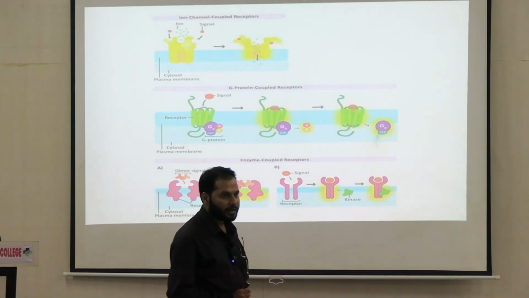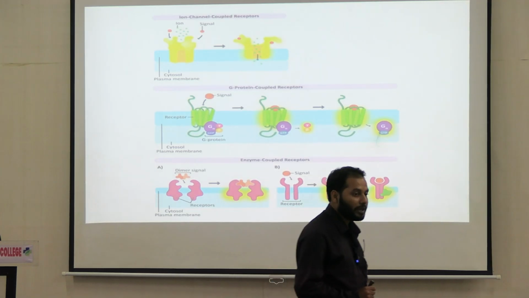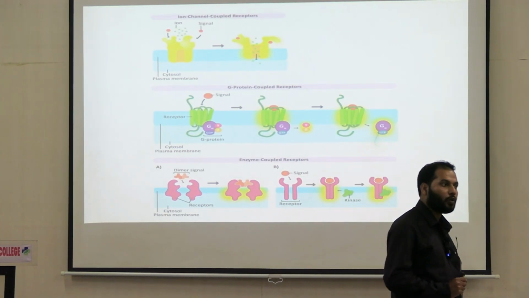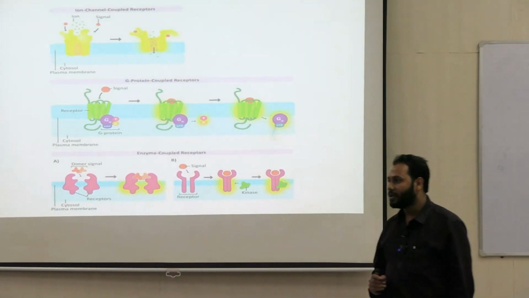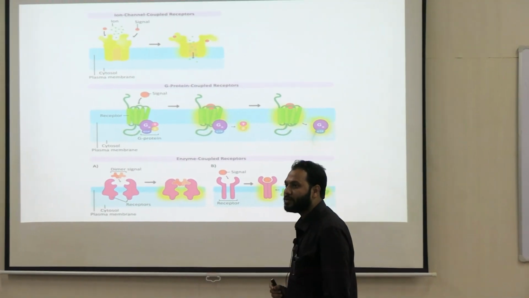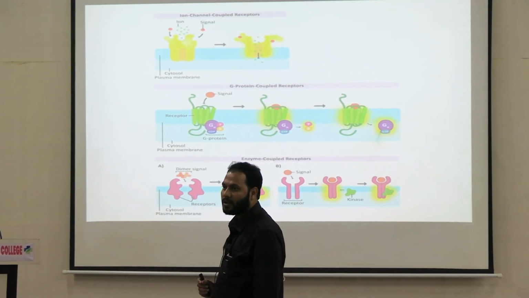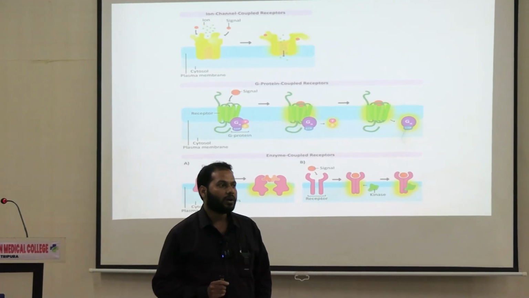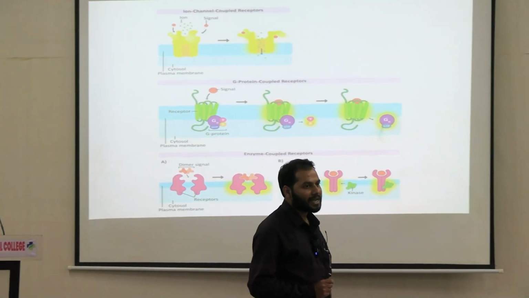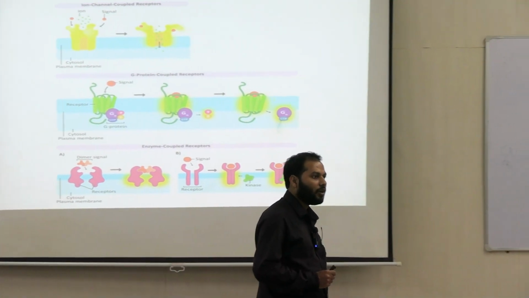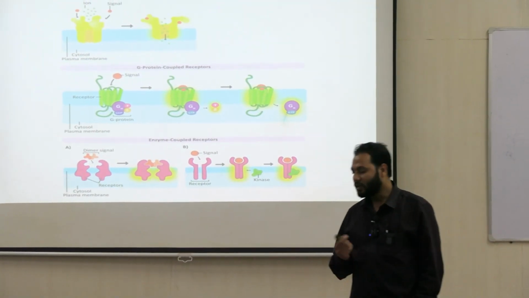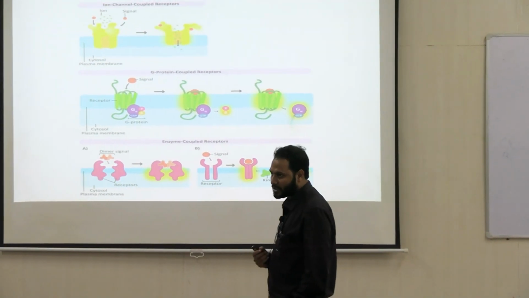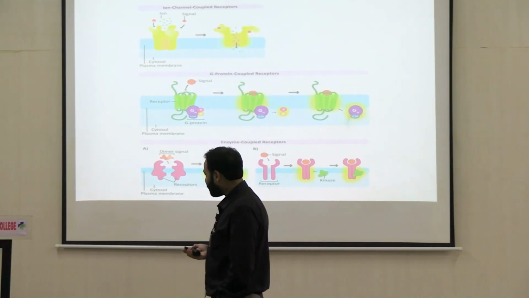G protein is nothing but a protein molecule which plays an important role in the transduction pathway. And if you see the components of the G protein, it is basically composed of 3 different subunits. Some are active subunits called catalytic subunits. Some are inactive or non-catalytic subunits. So we'll see how this catalytic or active subunit plays an important role in the signal transduction pathway.